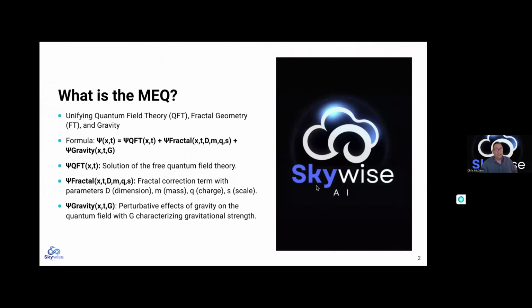The MEQ, or the McGinty equation, as I'm calling it, is called that really as a utilitarian function. I needed to call it something when I first invented it, because its actual name would be the unified equation of quantum field theory, fractal geometry, and gravity, which is a mouthful to say and a lot to run through.